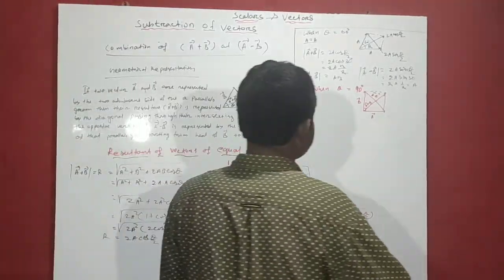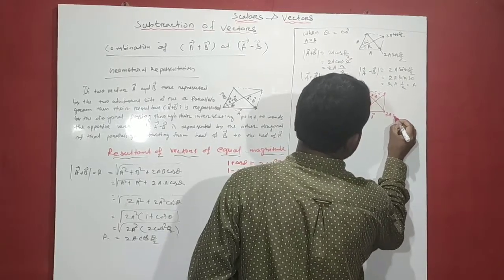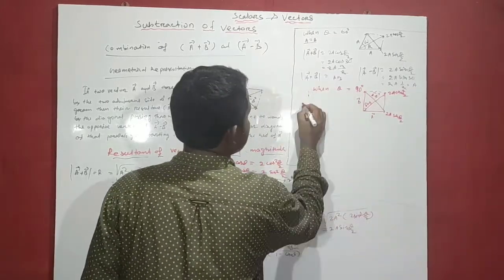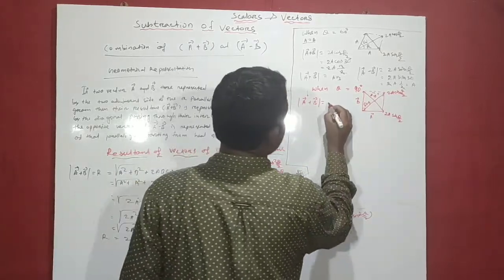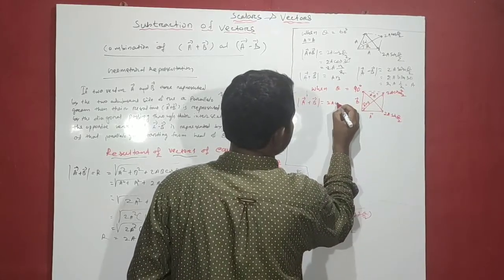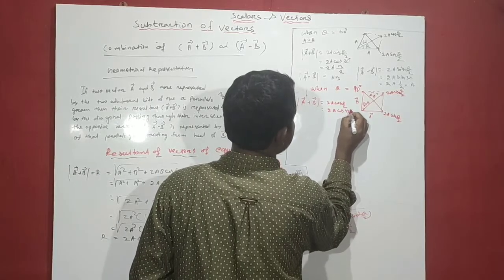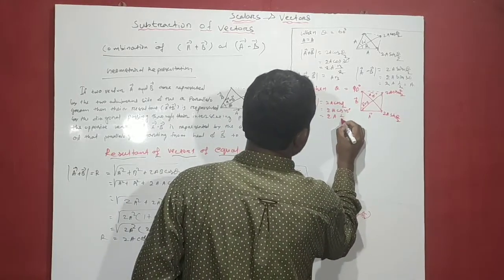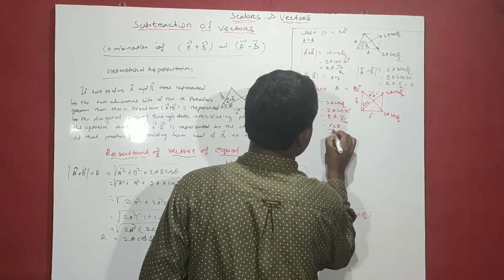Let's see how. This is 2A sin theta by 2 and this is 2A cos theta by 2. That means the magnitude of A plus B is equal to 2A cos 45 degree, that is 2A cos theta by 2. 90 degree is theta, so theta by 2 is 45 degree. So 2A cos 45 is root 2, and by cancelling we get root 2A.